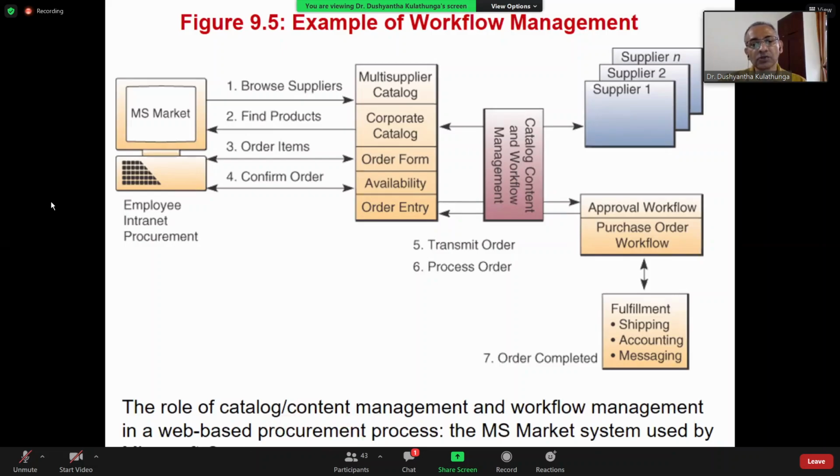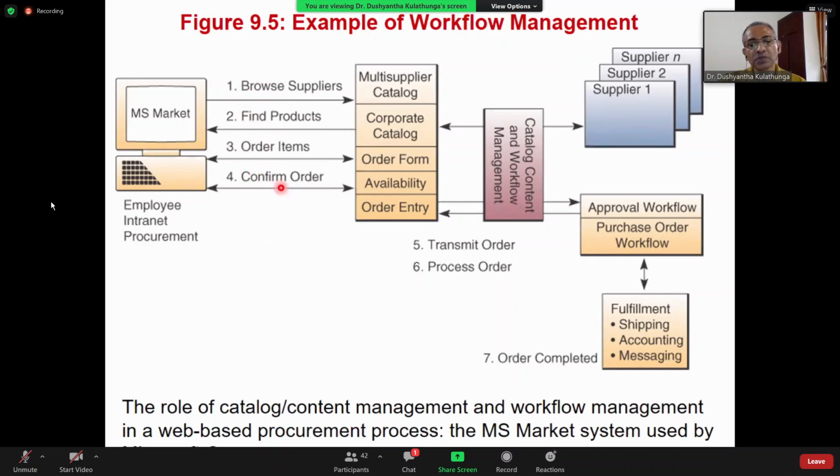Here they are utilizing an application identified as MMS market system that is used by the Microsoft Corporation. Now here they have illustrated what sort of tasks are involved and in what order they perform the particular tasks.